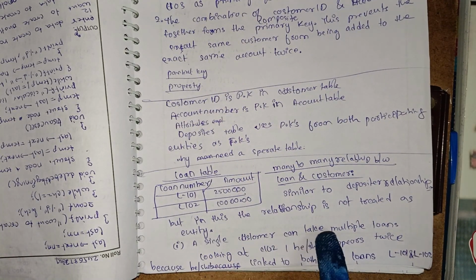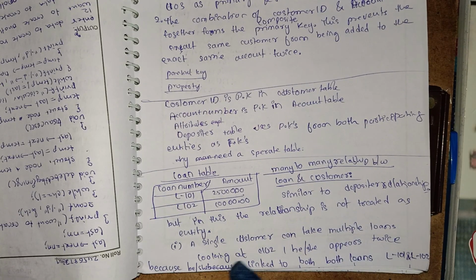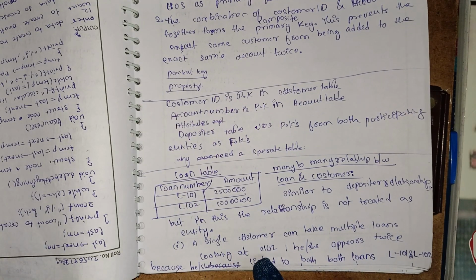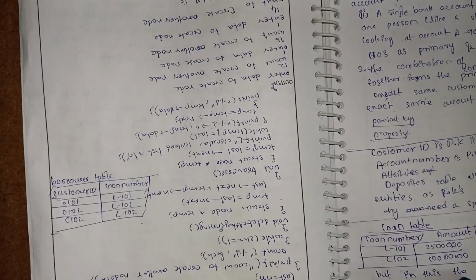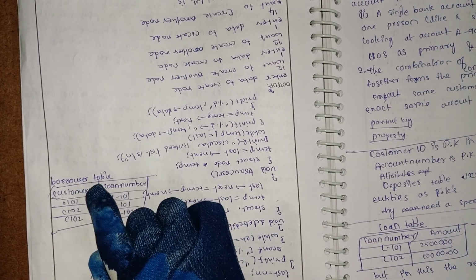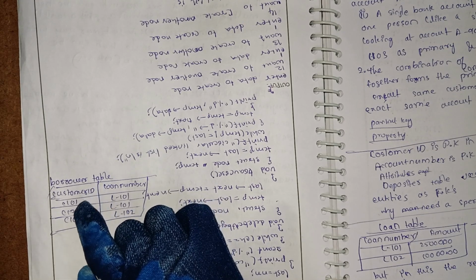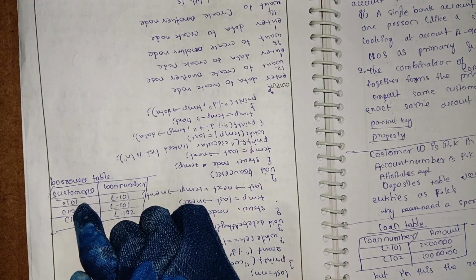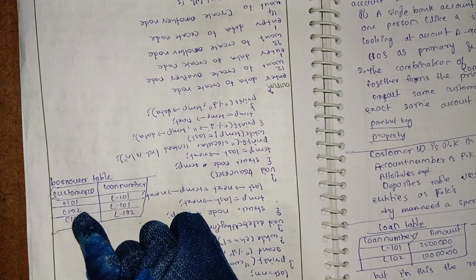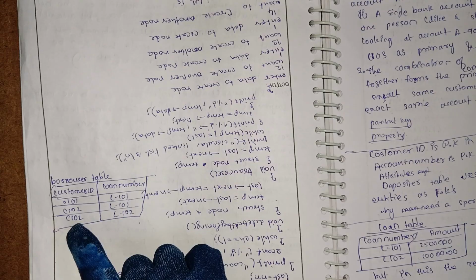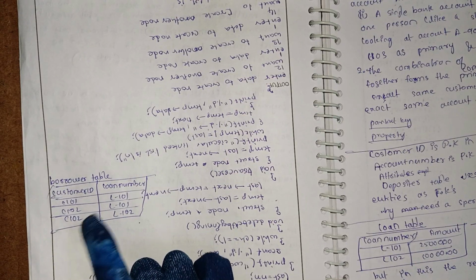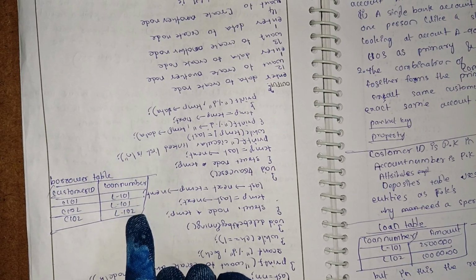Looking at C102 in the output table, that is the borrower table, C102 appeared twice, linked to both loans, L101 and L102.